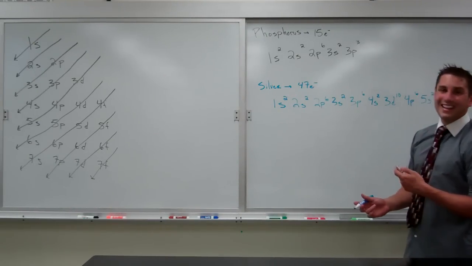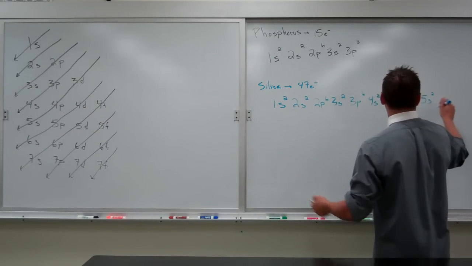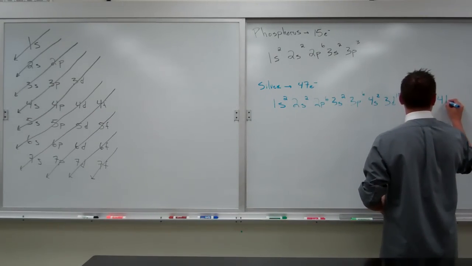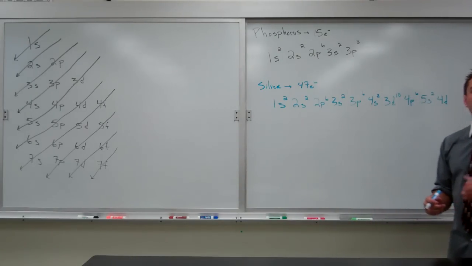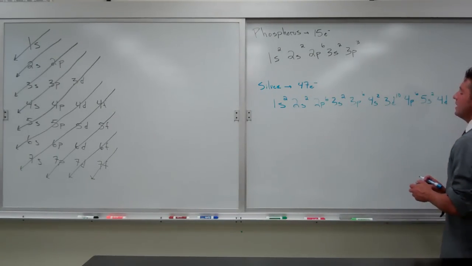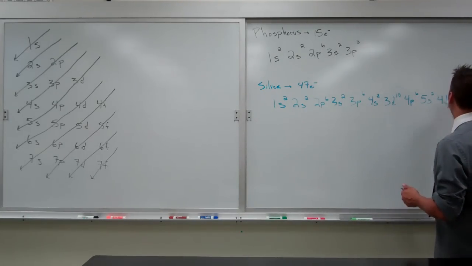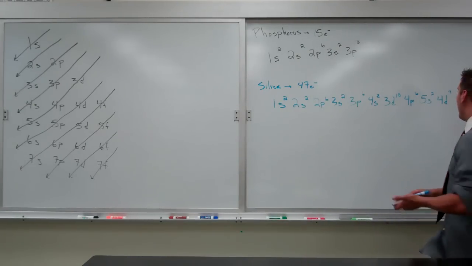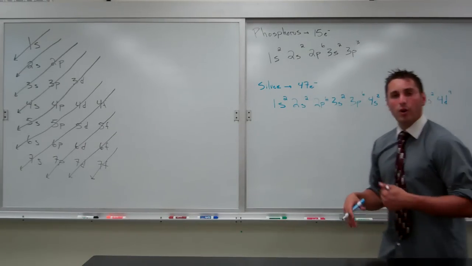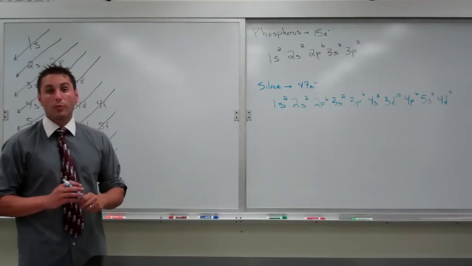We still need 9 more electrons. After the 5s fills, it's a 4d. A d can hold 10 electrons. Even though it holds 10 electrons, we don't need it to hold all 10. We are going to have it hold 9, because a full d orbital would get us too far past our 47.